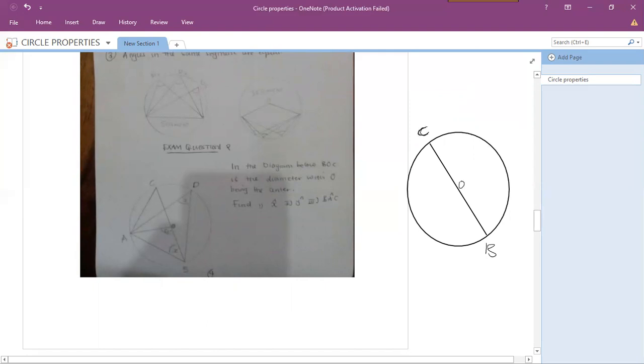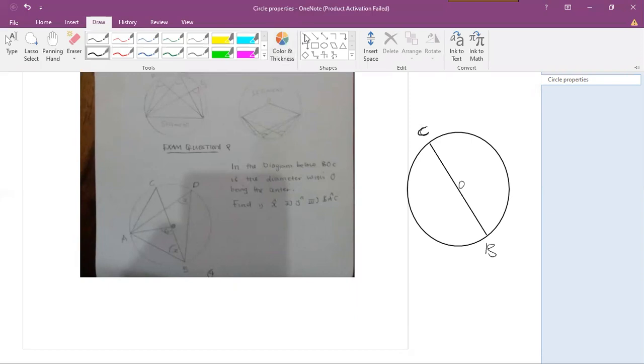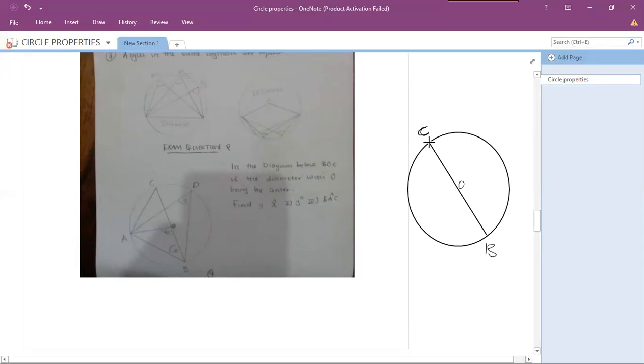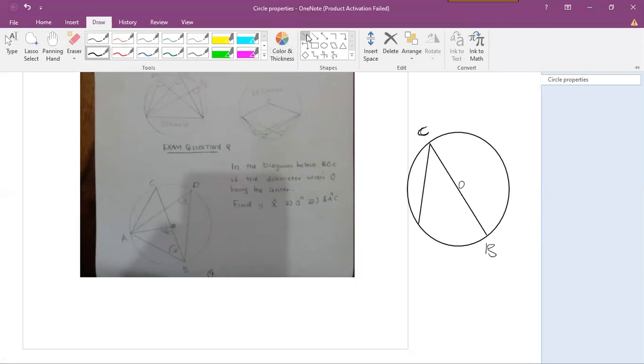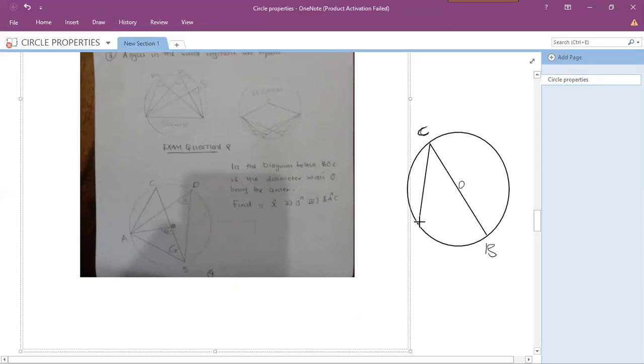So this is diameter right there. And this diameter has formed an angle there from that external point to that external point, and another angle from this external point and this external point there.